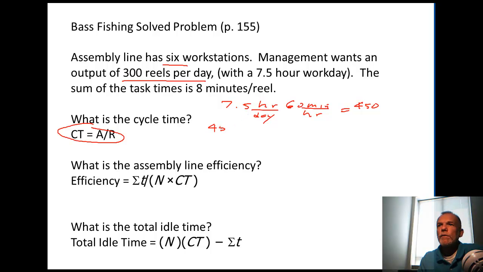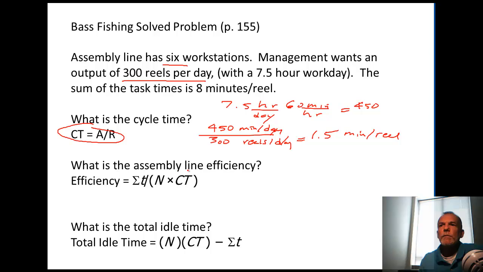So 450 minutes per day divided by 300 reels per day would give us a cycle time of 1.5 minutes per reel. It's very important that we keep track of our units of measurement, that they cancel, and that we can recognize what units the answer is in.